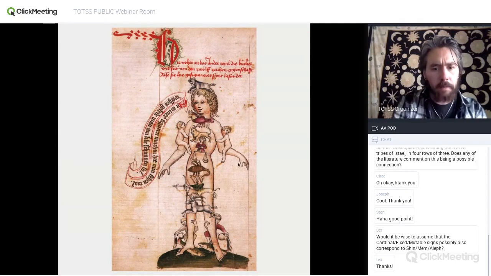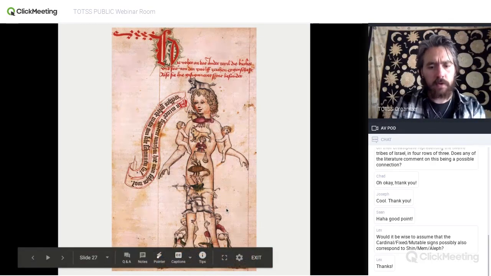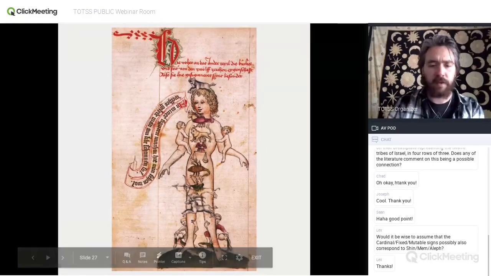Virgo rules the abdomen and the lower abdomen. Libra rules the lower back, buttocks, and hips. Scorpio rules the genitals and often the anus as well. Sagittarius rules the thighs. Capricorn rules the knees. Aquarius rules the lower shins to ankles, and then Pisces rules the feet.